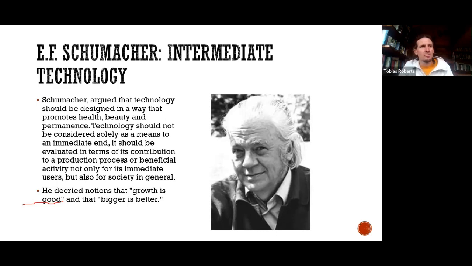We're eroding our topsoil, we're poisoning our watersheds in a way that we simply can't continue to subsist that way, right? So those types of large scale technologies certainly don't fit the bill for what E.F. Schumacher had mentioned, his three main criteria, which are technology that promotes healthful living, technology that promotes beauty, and permanence.